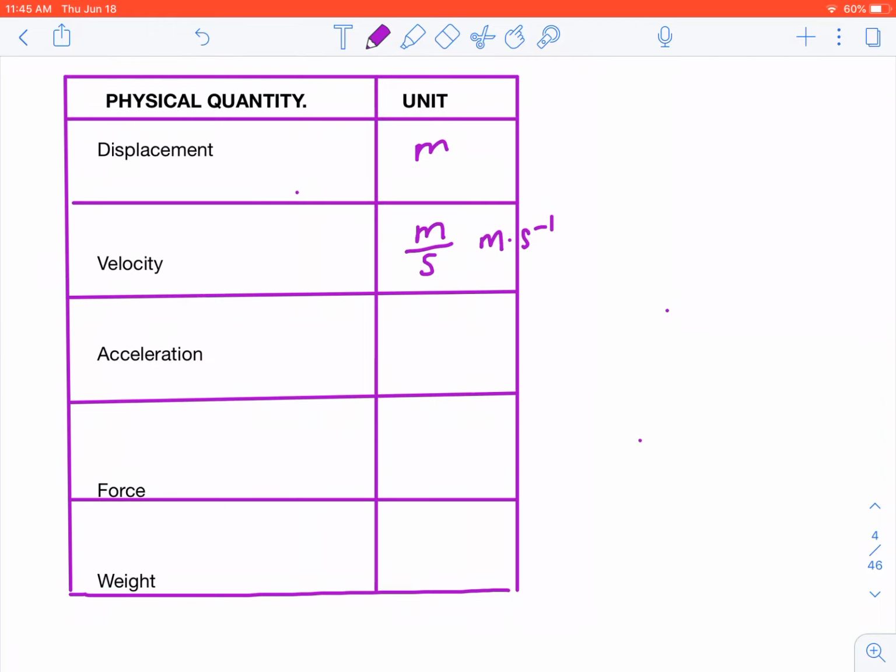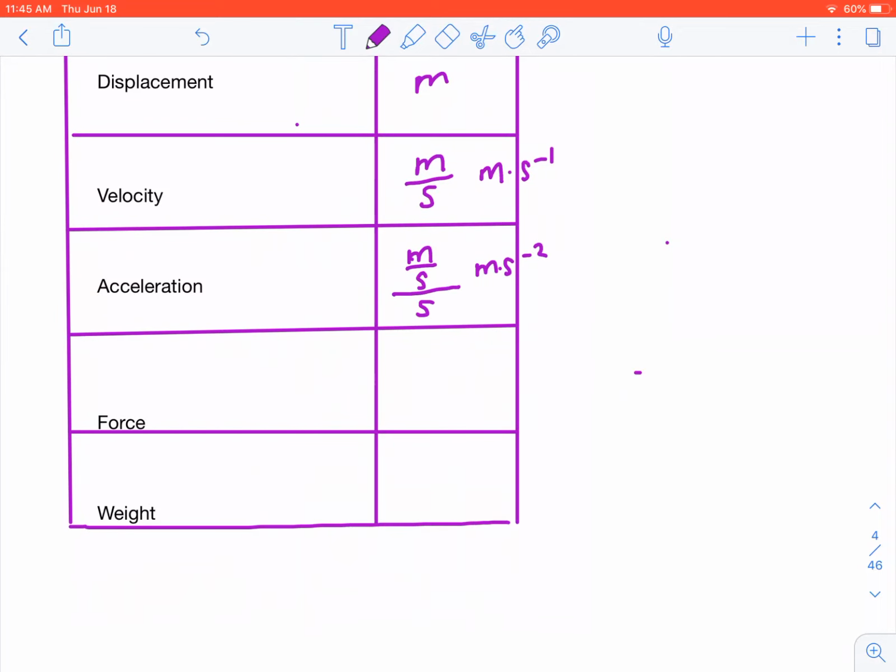So in that case, it will be how fast the velocity is changing over time, and we write that as meter per second squared. And force, you have dealt with this already. The unit of force is a Newton. And that also has direction because the force has to be exerted in a specific direction.